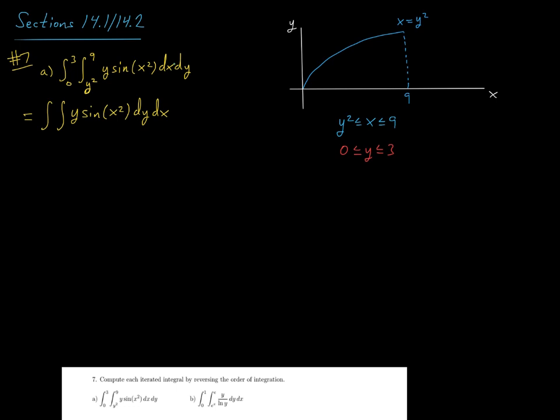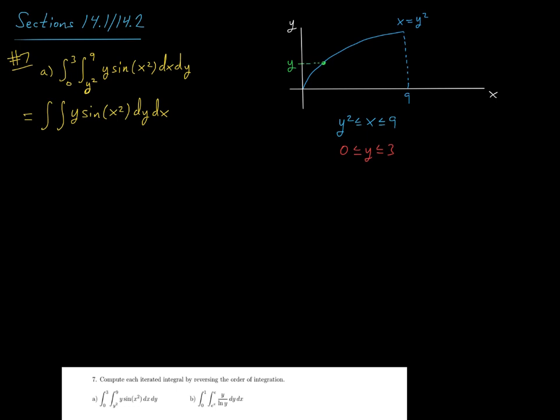Since our order of integration is dx dy to start, first we're going to fix a y. So we'll fix, say, a y up here, and y is taking on values from 0 to 3. Then we're going to let x vary from y squared.